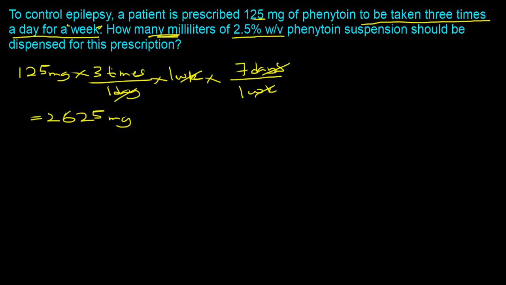Now we need to do one more step before we move to the actual proportion, and that has to do with the units here. So these are in milligrams. Now, if we recall, the definition of percentage strength is grams in 100 milliliters. So we want to convert the milligrams to grams, and that would make our computation fairly straightforward. We recall that 1,000 milligrams make up 1 gram.